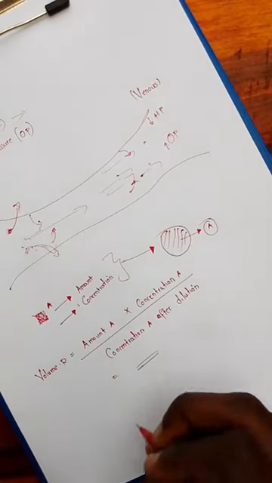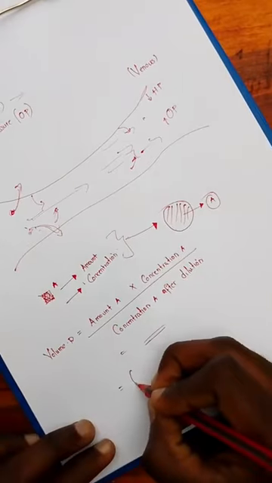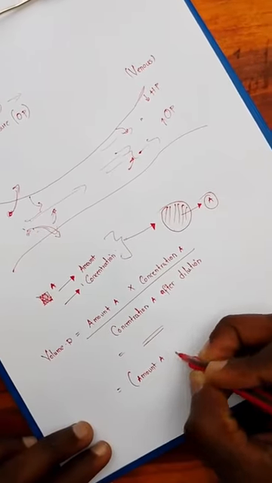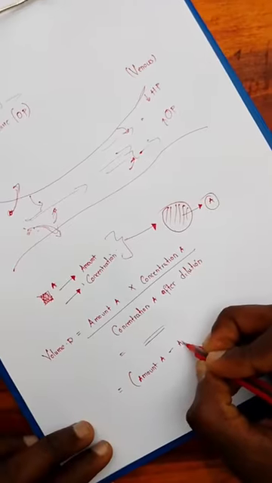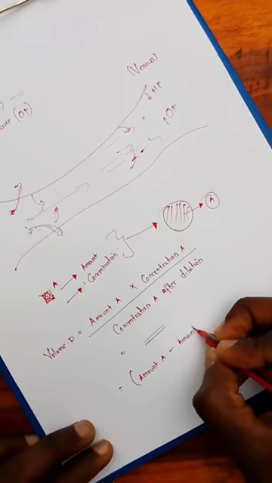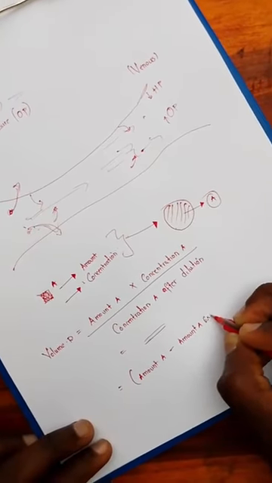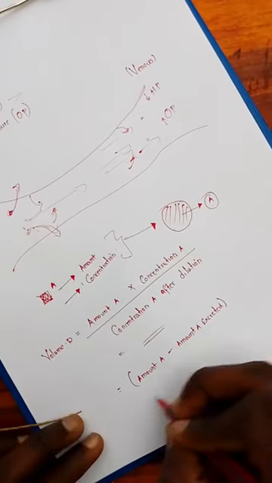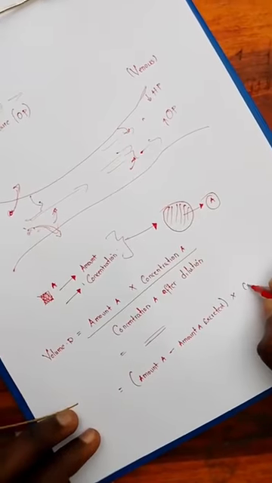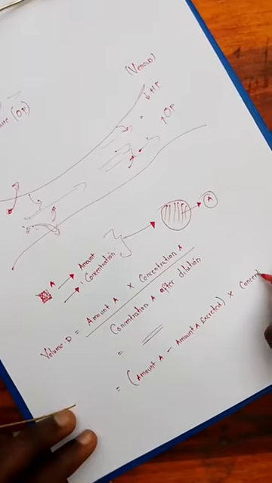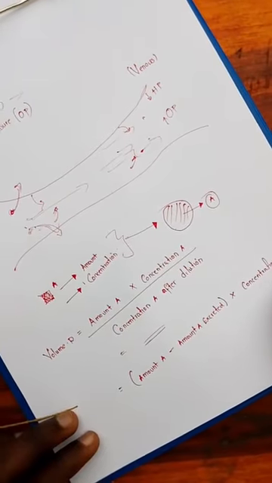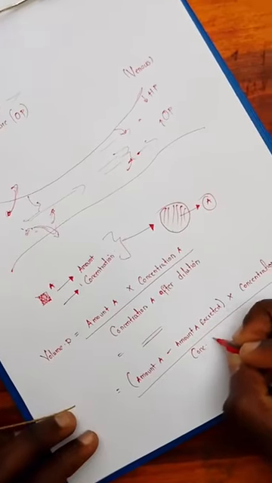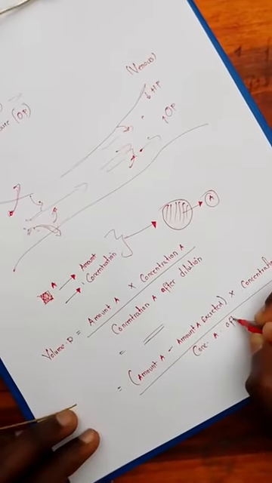When you get that amount, you say the amount of A that we injected minus the same amount of A that was excreted. Then you multiply that with the concentration of A that you measured before you injected, divided by the concentration of A after dilution.